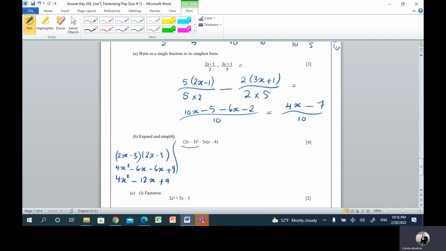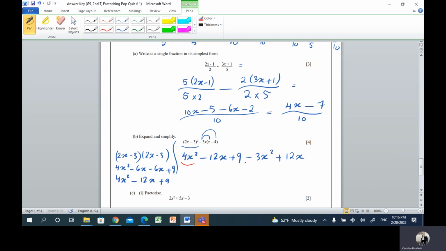So this one here can be replaced with 4x squared minus 12x plus 9. And now we're going to expand. Minus 3x times x is minus 3x squared. Minus 3x times minus 4 will be plus 12x. Now we are collecting like terms.